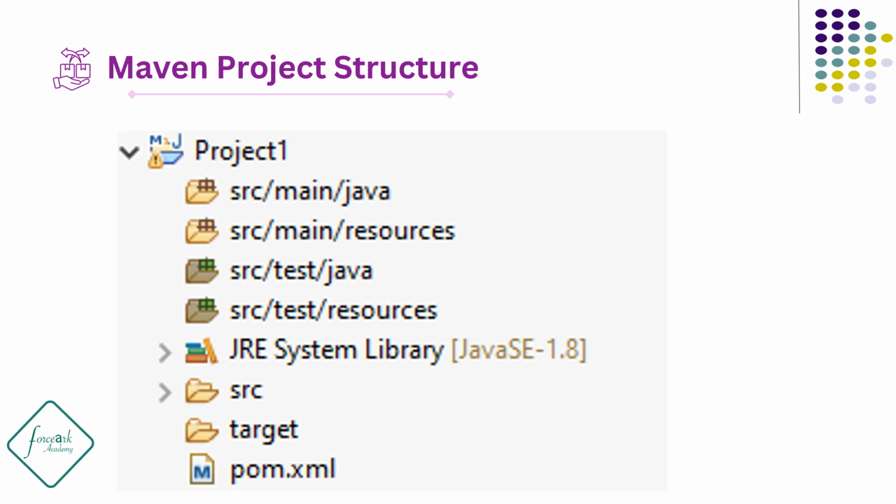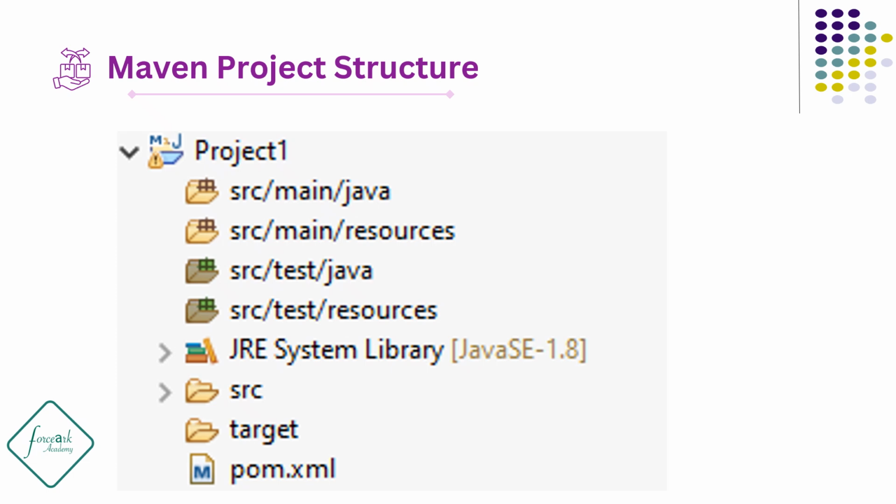The target folder is also an automatically generated folder for building the project, which sometimes contains compiled class files or the reports that we generate, or output artifacts and snapshots that we mainly store in the target folder.